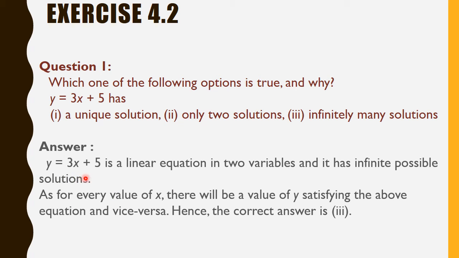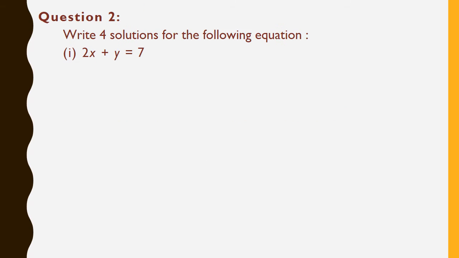Well, y equals 3x plus 5 is a linear equation in two variables and it has infinite possible solutions, as for every value of x, there will be a value of y satisfying the above equation and vice versa. Hence, the correct answer is 3. That is, it has infinitely many solutions.